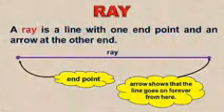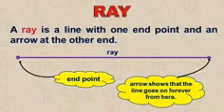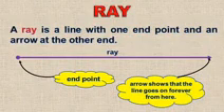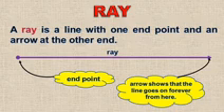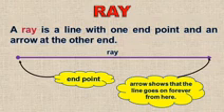Now, let's talk about ray. Students, a ray is a line with one end point and an arrow at the other end. Just see the figure given in this slide. This figure has an end point and at the other end an arrow shows that the line goes on forever from here.